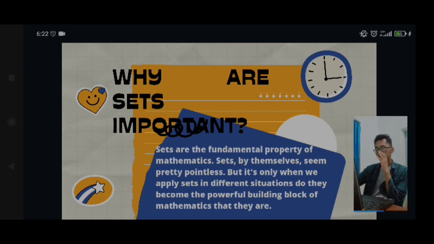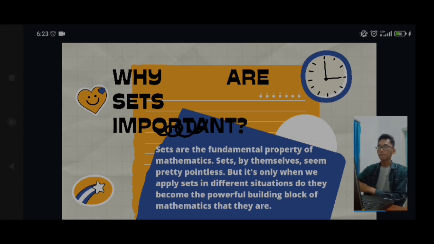But it's only when we apply sets in different situations that they become the powerful building block of math that they are. So instead of learning sets by themselves, if we use sets in other mathematical branches, sets become very useful for that branch.